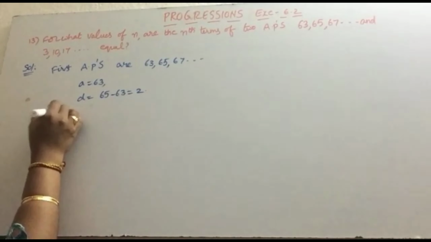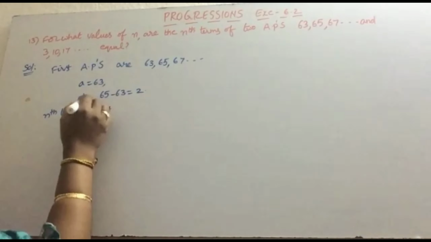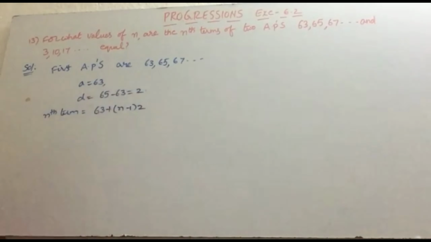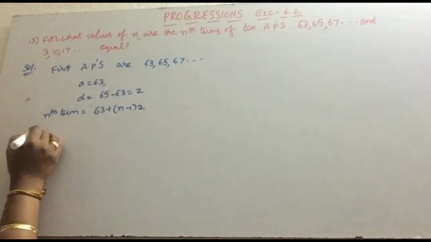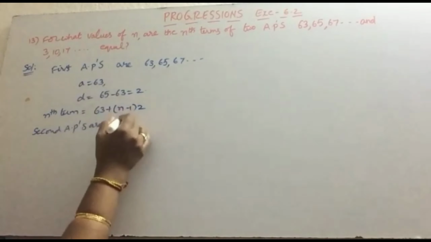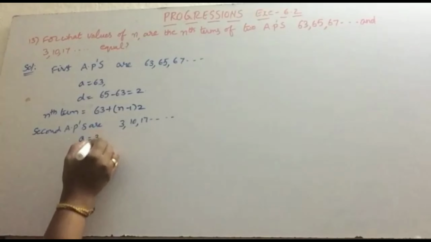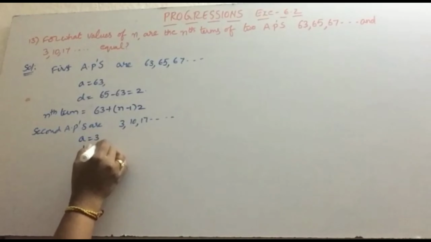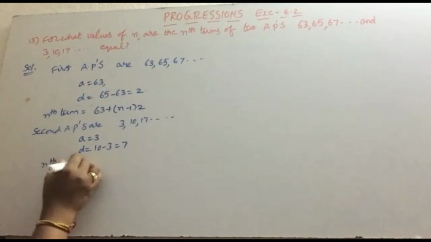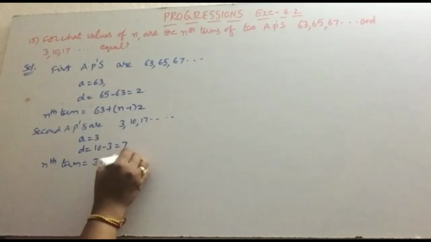So the nth term equals A plus n minus 1 into D. And the second AP is 3, 10, 17 and so on. Here A is equal to 3, D equals 10 minus 3, that is 7. So for this, the nth term equals A plus n minus 1 into D.